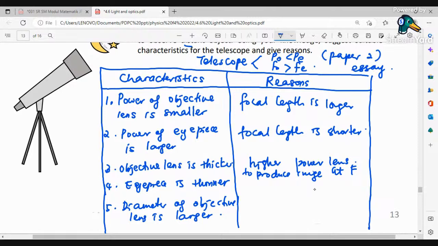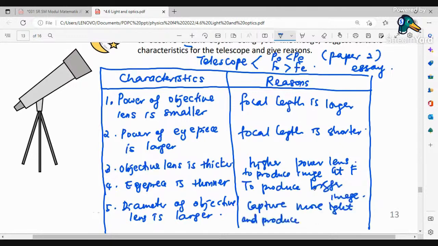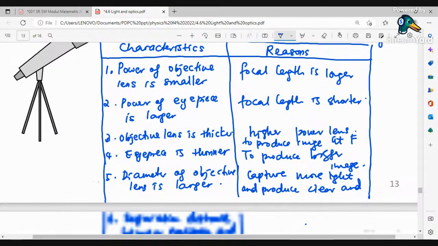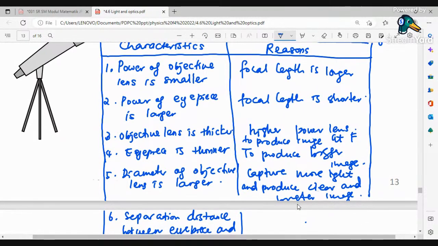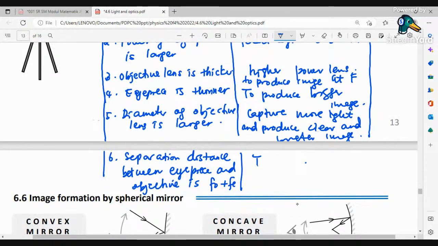Is thinner to produce the... diameter is larger to capture clear... separation fO plus fE also to produce clear or sharp image under normal adjustment.